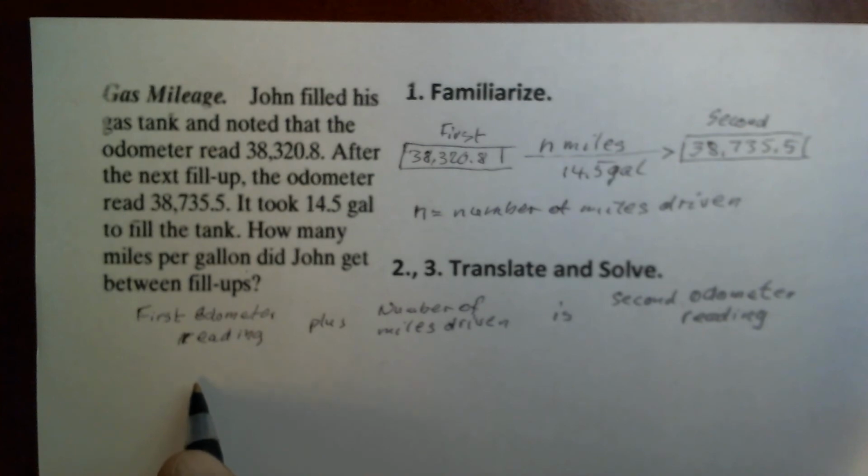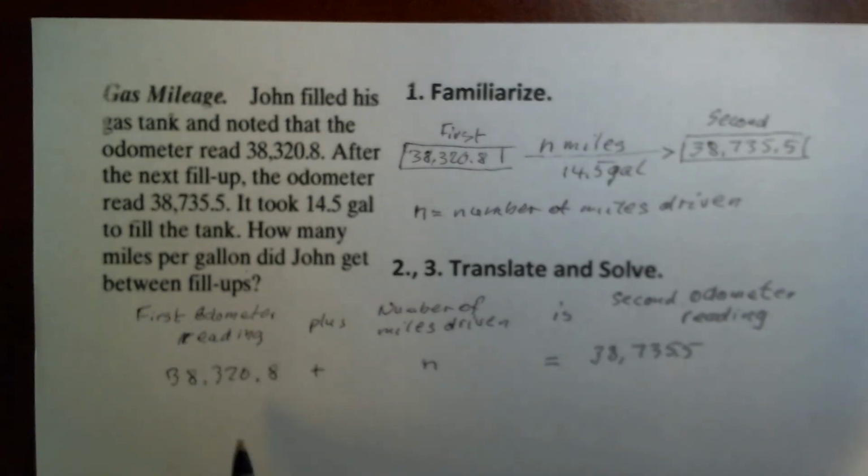And now we plug in the numbers. So 38,320.8 plus n equals 38,735.5. To isolate n, to solve this equation for n, we subtract 38,320.8 on both sides.